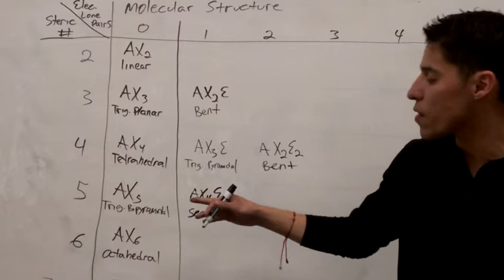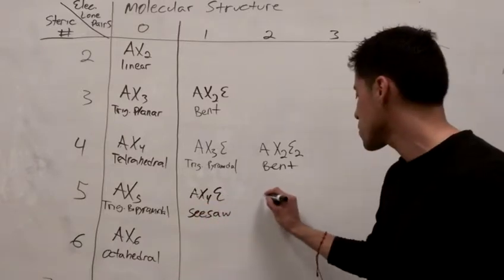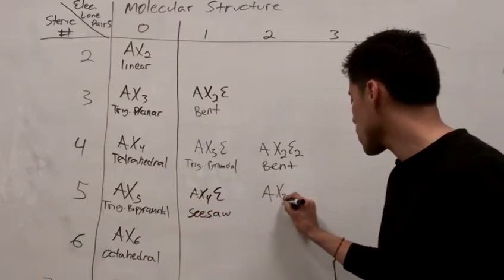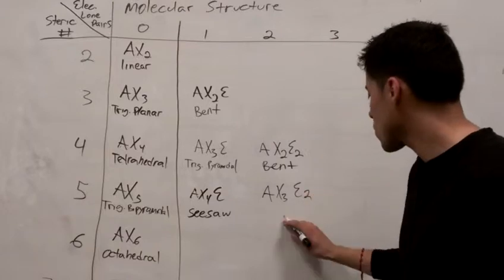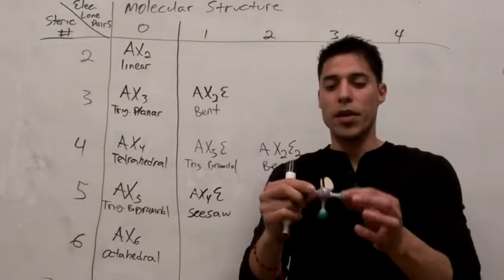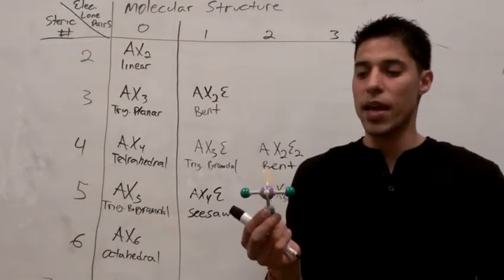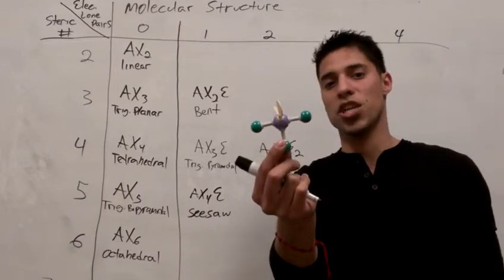Moving down, we're going to have now AX3E2. This one is also cleverly named T-shape.